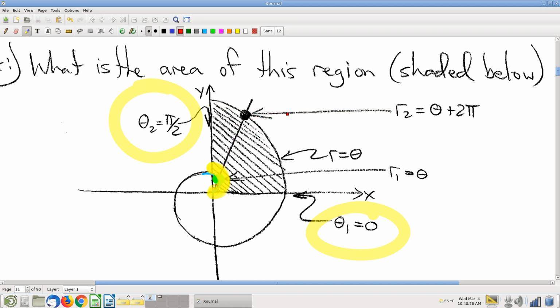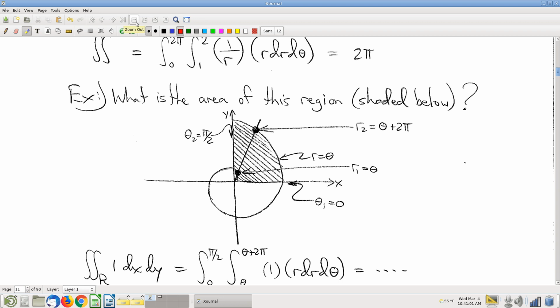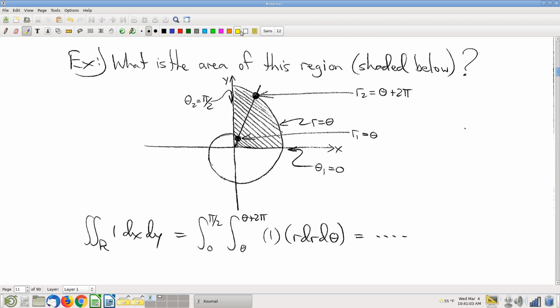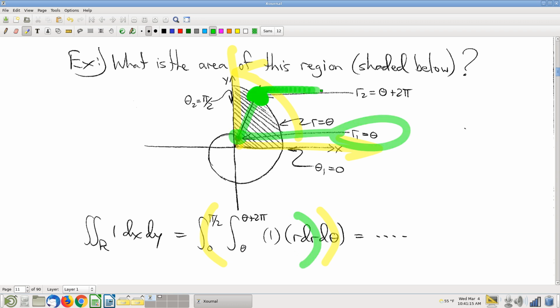Okay, so there's those bounds, and that gives us this integral. Theta goes from 0 to pi over 2. R goes from theta to theta plus 2 pi.